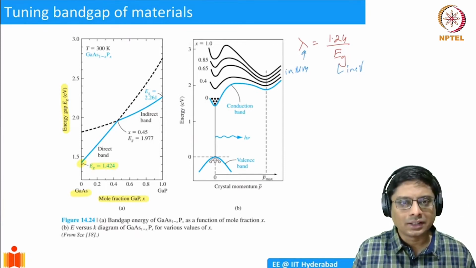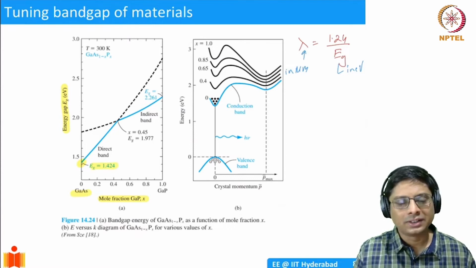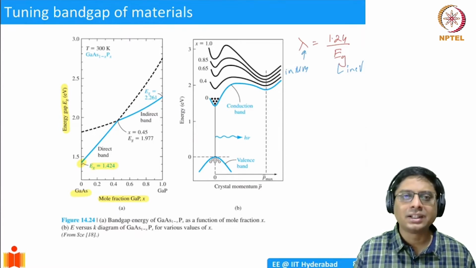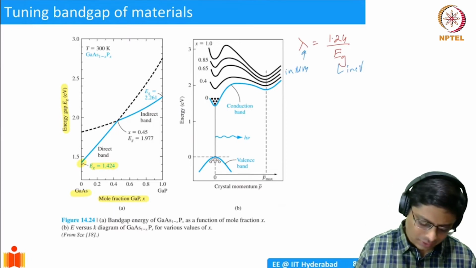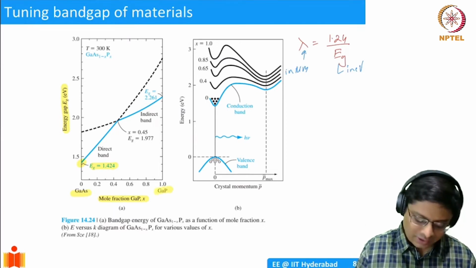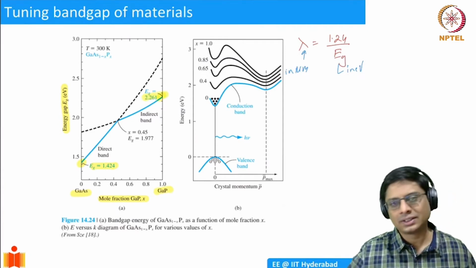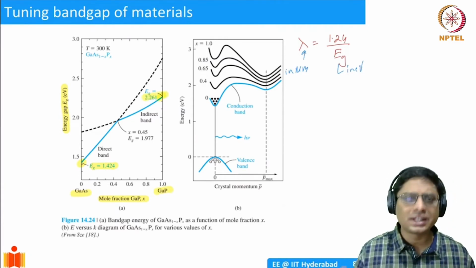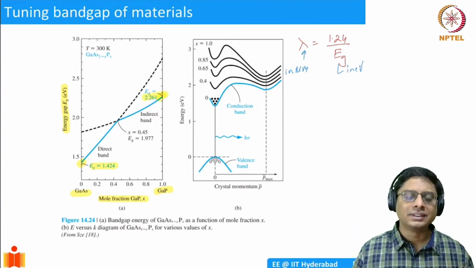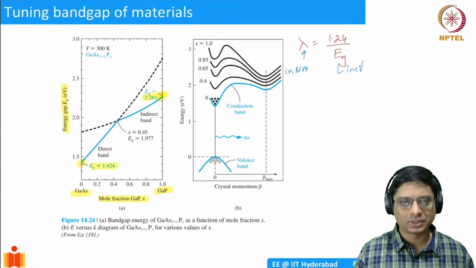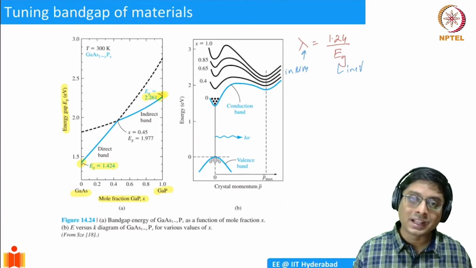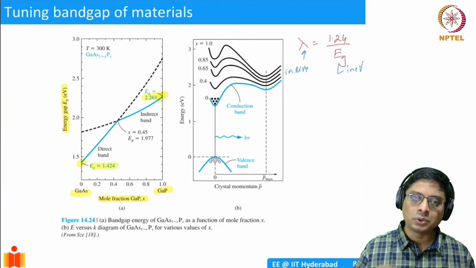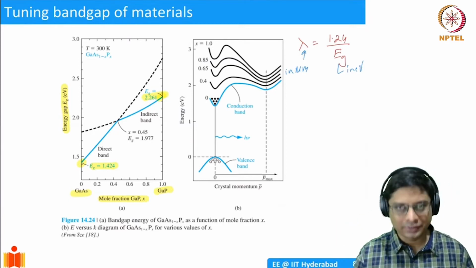And you have gallium phosphide, which is an indirect band gap semiconductor with a band gap of about 2.26 eV, so I'll put it here. These are the naturally occurring materials, and we can synthesize them and have a highly pure substrate. Now what if I want a band gap in between 1.42 and 2.26? Is there a way to get it?